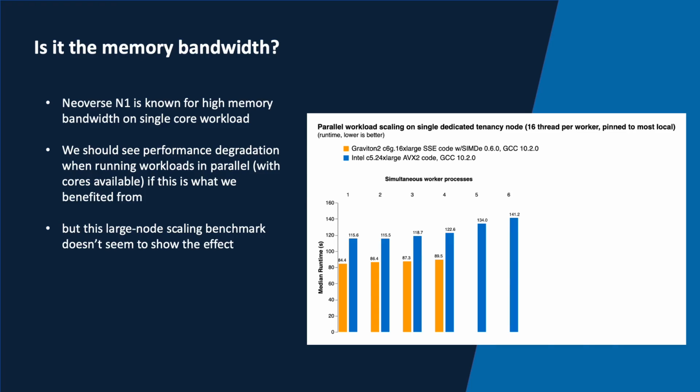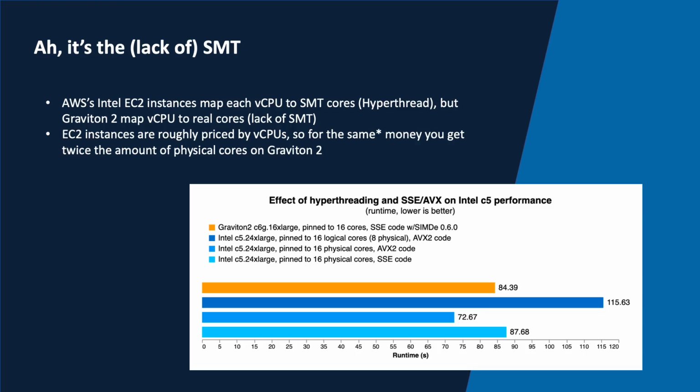What could it be? Well, I think it turned out to be the hyperthreading, actually. So I think it's the lack of SMT. So this plays a bit into how cloud providers sell compute, right?